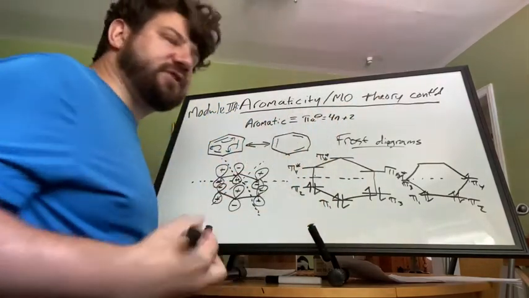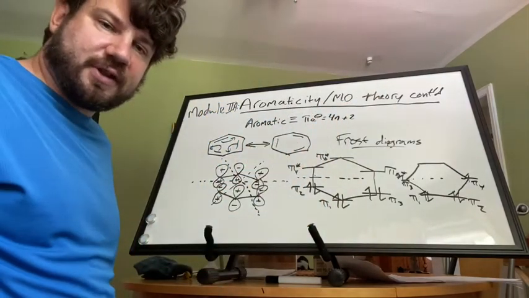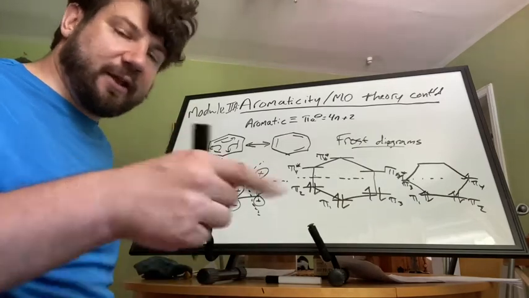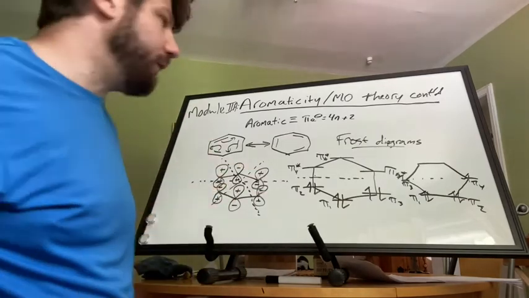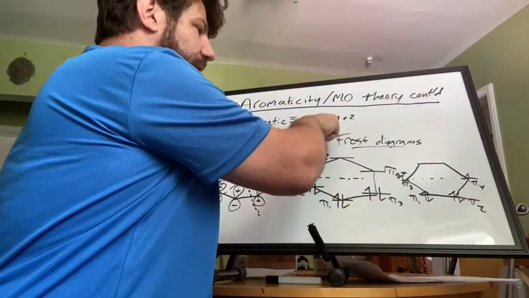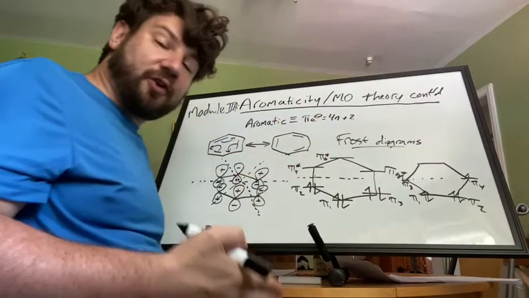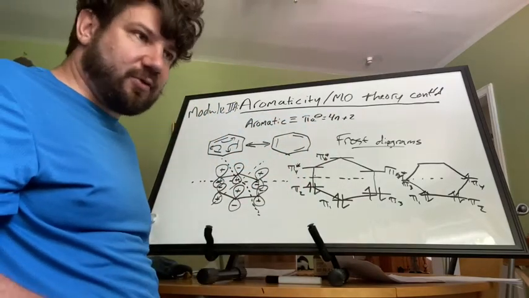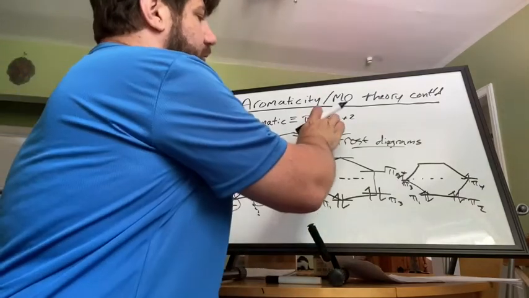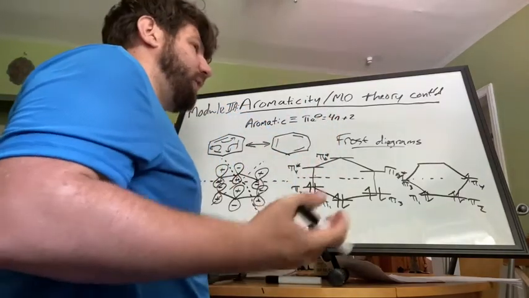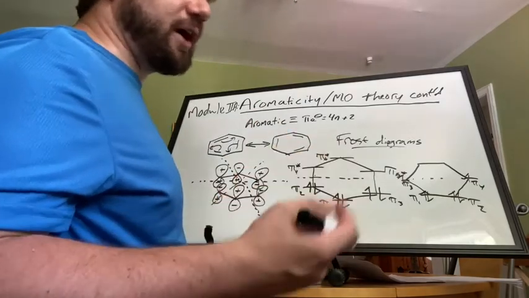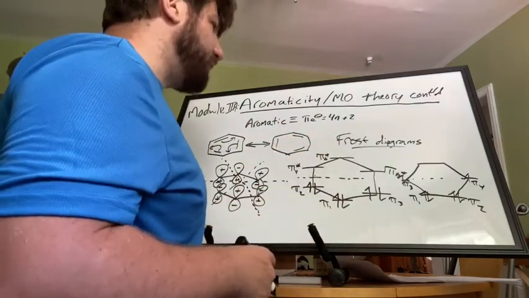So n is just going to be any integer, right? So it has to be cyclic. In other words, it can't be a linear chain like you saw in the beginning. It can have an even or odd number of carbons or heteronuclei, as we'll see later. Okay, so heteronuclei, what I mean by that is either nitrogen or sulfur or oxygen. Nitrogen and oxygen are the most common.